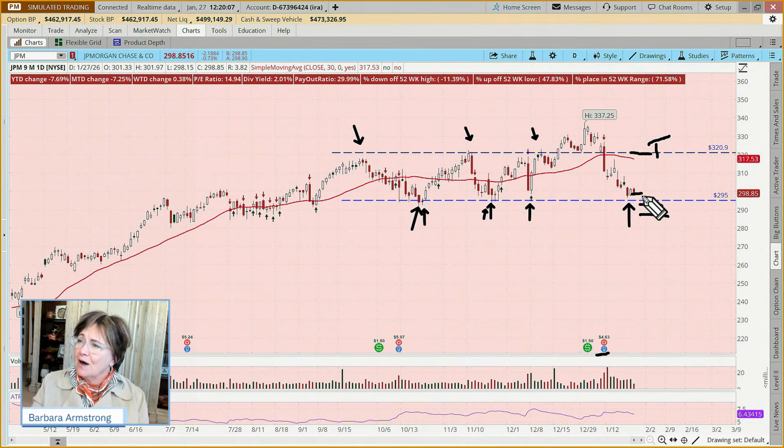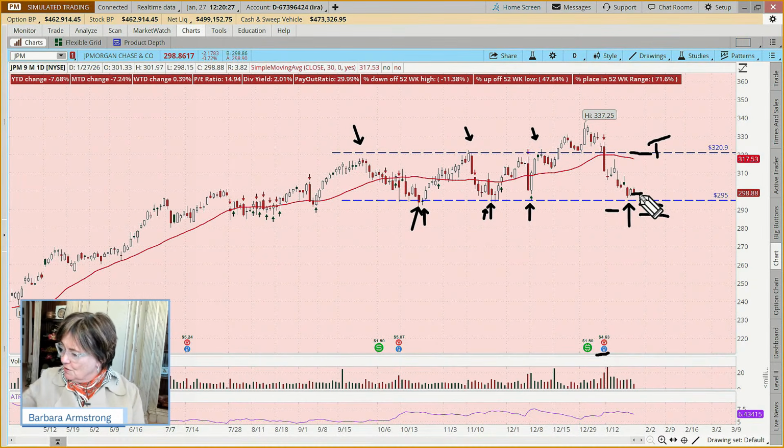I'm going to buy here and put a stop below this support level where I don't think it will go. But if I'm wrong and it does go there, I'd rather get out sooner rather than later. And then I'm going to put my target up here. Okay, so that's JP Morgan.